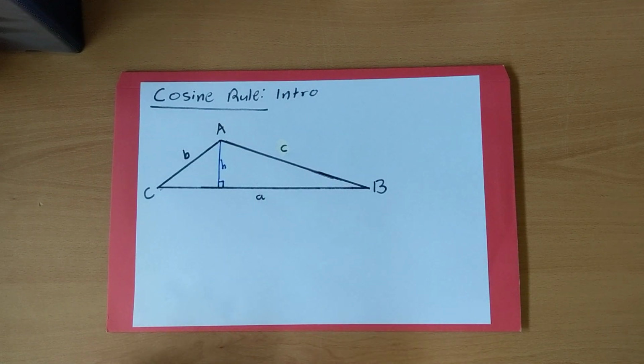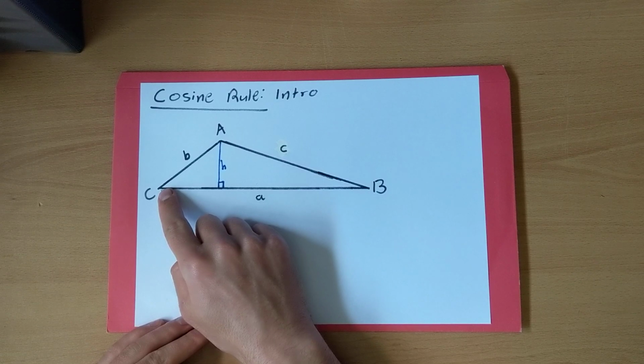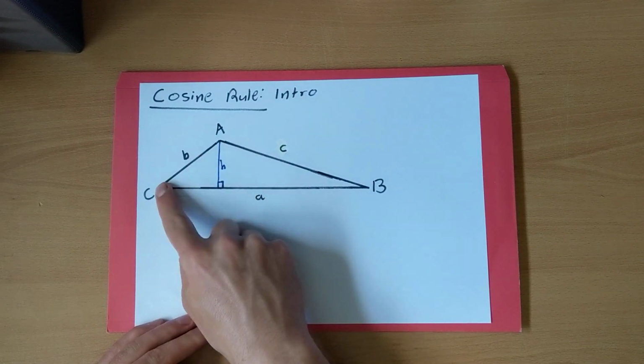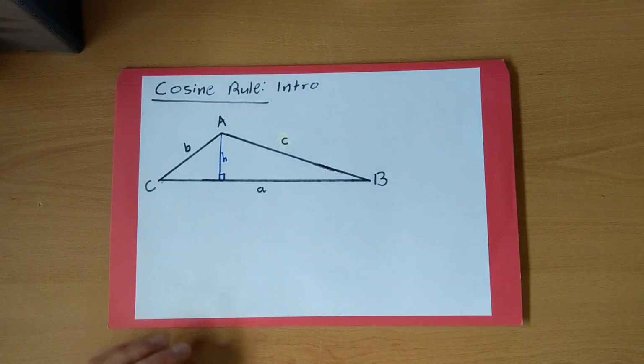Previously, with the sine rule, we used this height and the sine of this angle to see what we get with the height. This time we're going to do the same thing, but we're going to use the cosine of that angle.